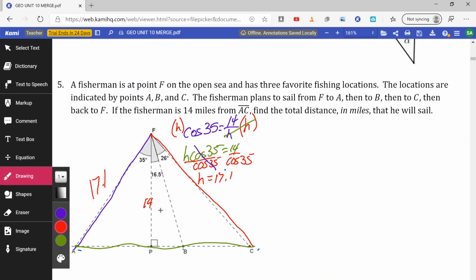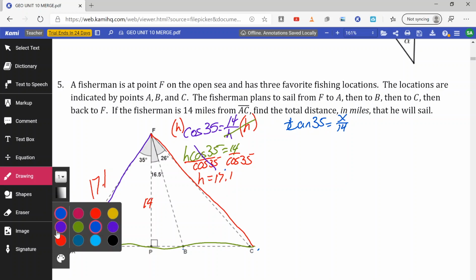We're still dealing with the smaller right triangle that's facing off to the left here. So we need the side opposite, and now we have a choice of 2. So we have side 14 versus 17.1. 14 is a little nicer number, so I'll deal with 14. So I have opposite and adjacent, so tangent. So we're dealing with tangent of 35. Opposite is our unknown x over the adjacent side of 14.